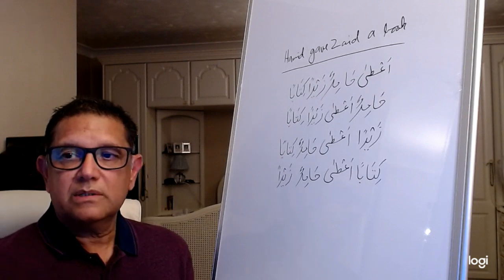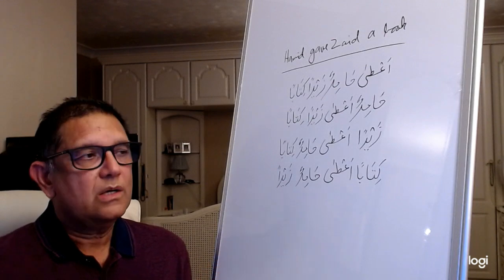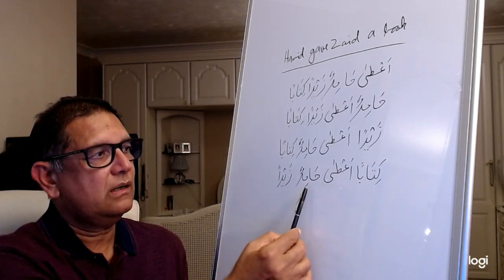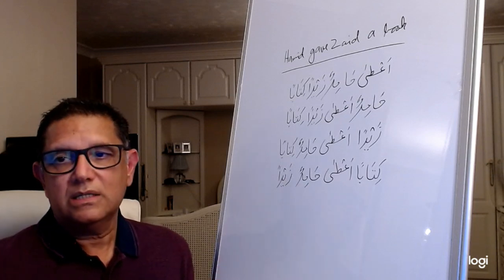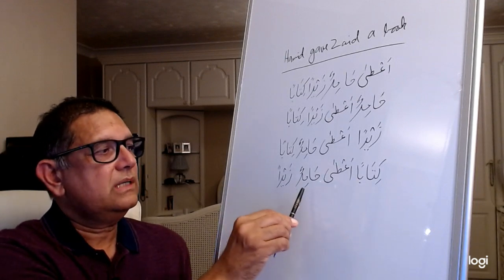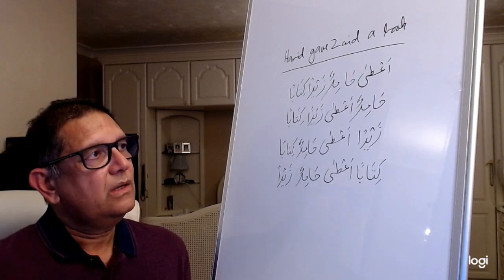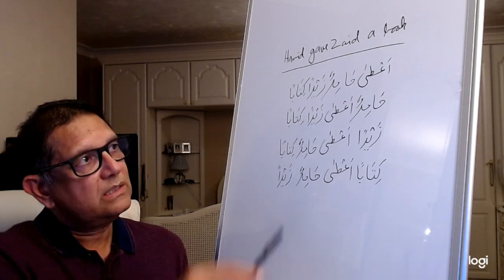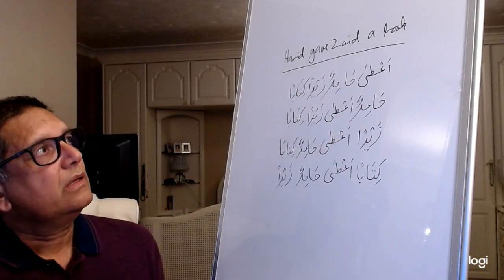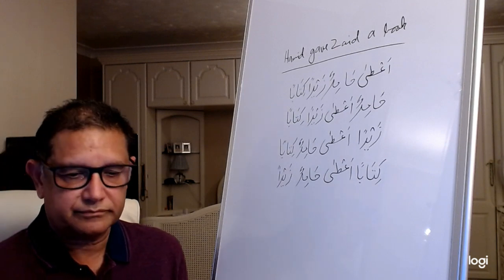Because I am the person who knows exactly what Hamid has given to Zaid, I will use this construction, Kitaban A'ata Hamidun Zaidan. It's a book, not anything else, only a book which Hamid has given to Zaid. So these are the differences between these four constructions in meaning. The general meaning is the same, that Hamid gave Zaid a book.